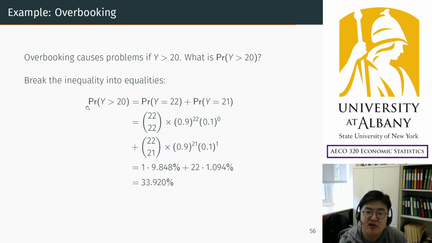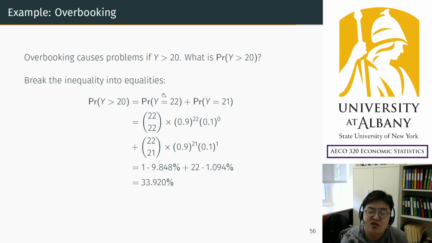So the probability that Y is strictly greater than 20 is either Y equals 22 or Y equals 21. Because the maximum is 22, there are only two possible cases, and you apply the formula for each of them.